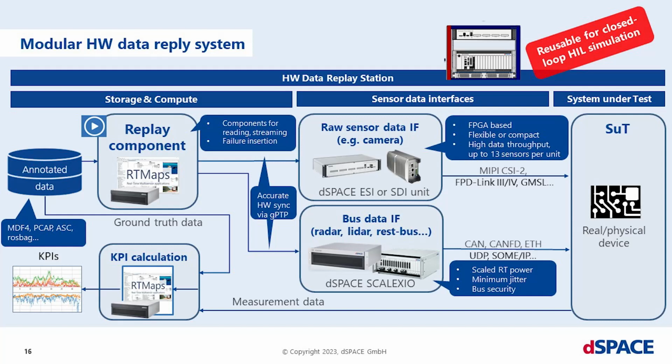The calculation is often implemented by customers. I will show some examples for KPIs later. Most components of a data replay system can be reused for closed-loop simulation. That makes the solution even more attractive with respect to the return on investment.